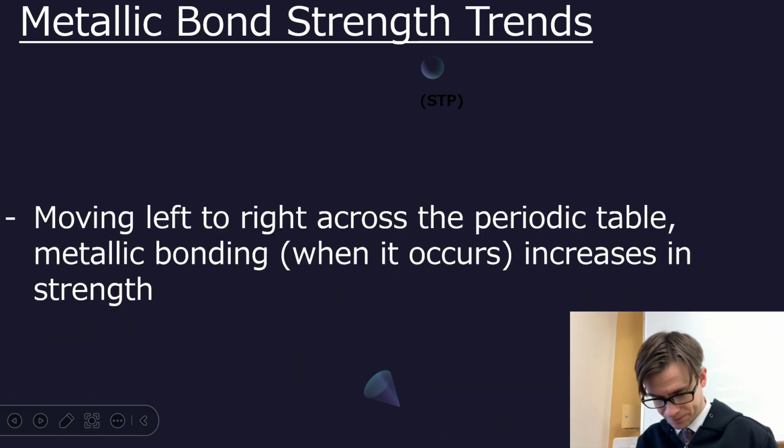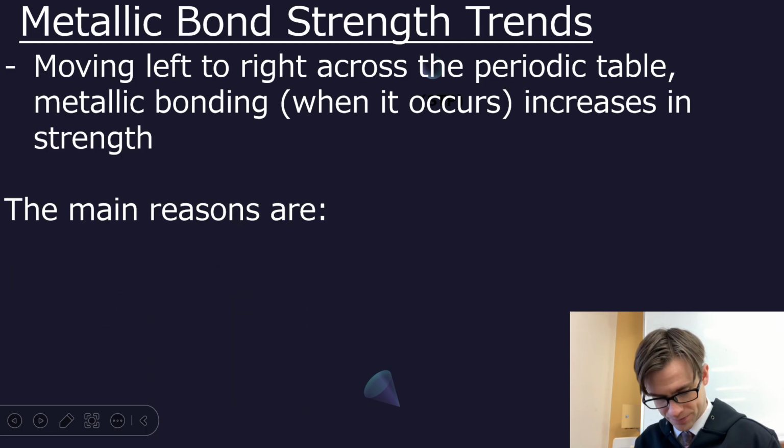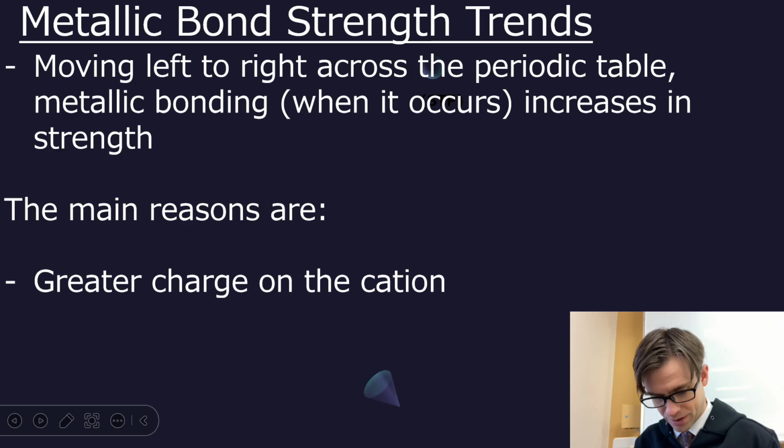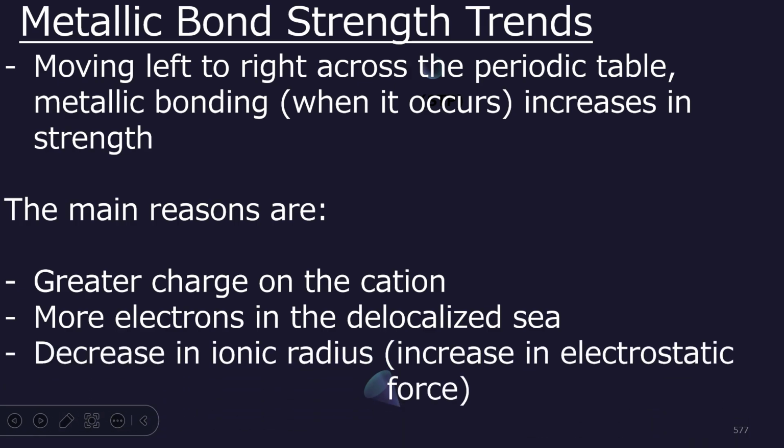What else can we say? So moving left to right across the periodic table, metallic bonding, when and if it occurs, increases in strength. Radius will be going down as you go left to right. So the main reasons are there's greater charge on the cations, there are more electrons in the delocalized sea, and then the radius.